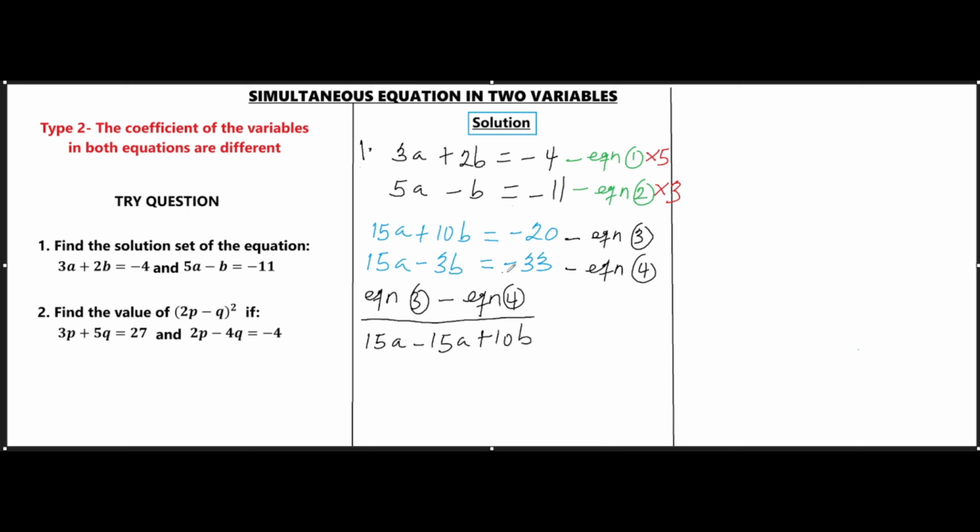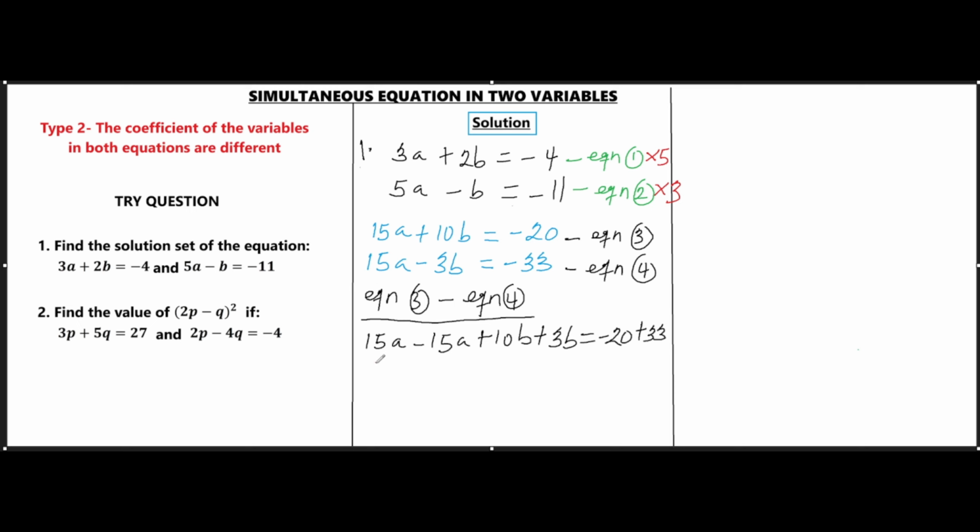Minus -3b. 10b minus -3b, so that is 10b plus 3b. Take note. So we have 10b plus 3b, and this must be equal to minus 20 minus -33, so it becomes plus 33.